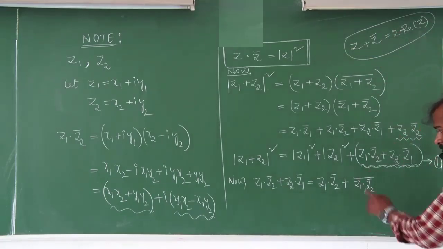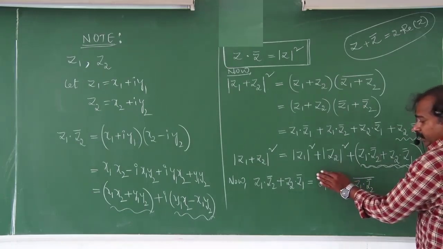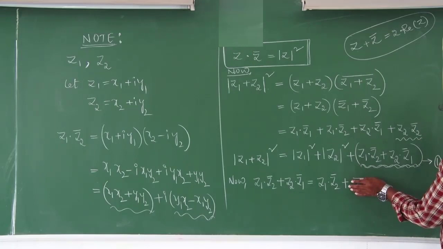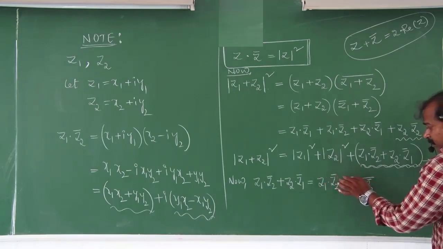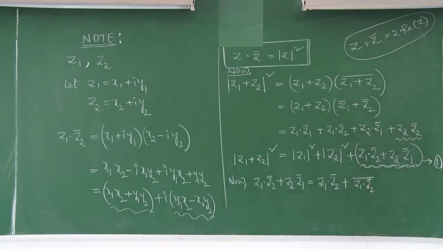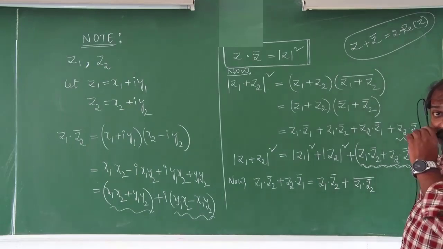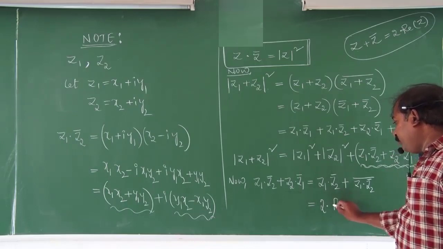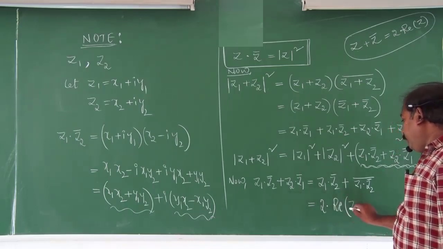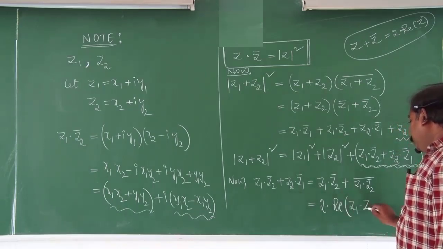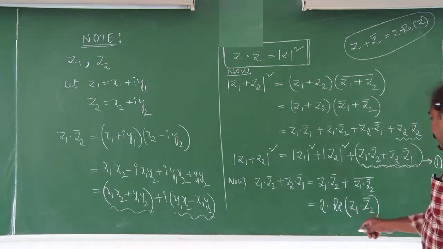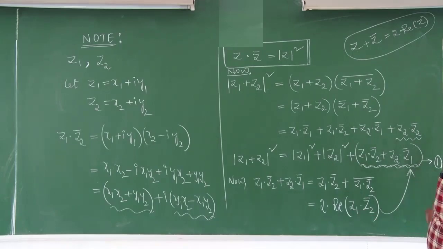So here also, this is z and this is z conjugate, so the sum equals 2 times the real part of z1 into z2 conjugate. Now replace this value in the first equation.